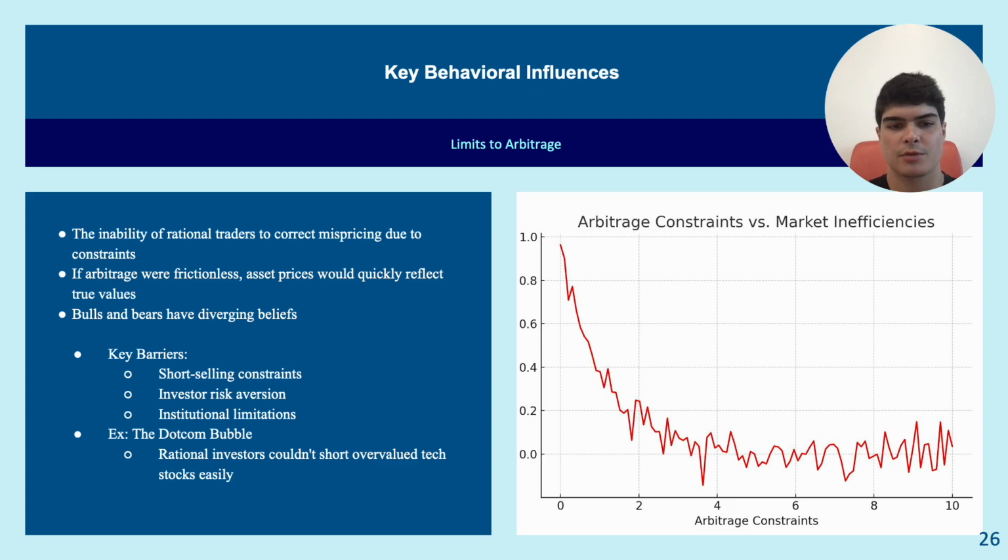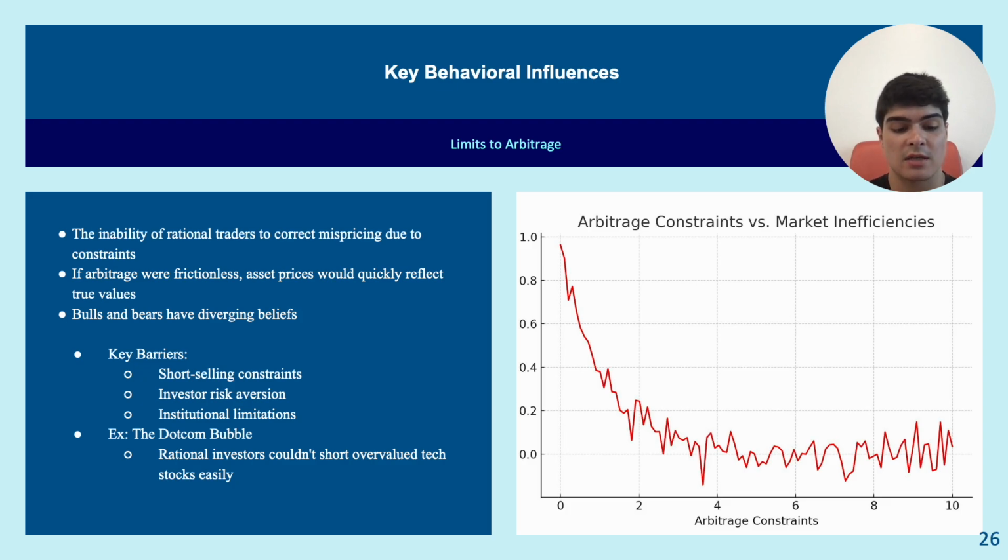Limits to arbitrage. If markets were truly efficient, traders would quickly correct mispriced assets. But in reality, mispricing can persist for a long time due to limits to arbitrage, which are these barriers that prevent rational traders from fixing these market inefficiencies. For example, short selling constraints make it difficult to bet against overpriced stocks.